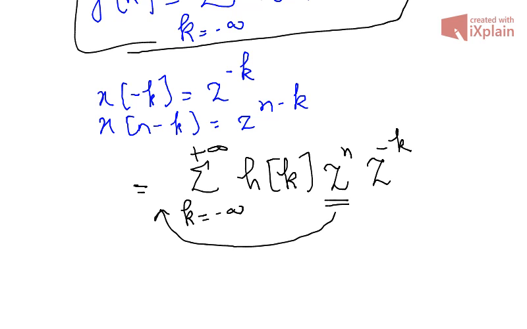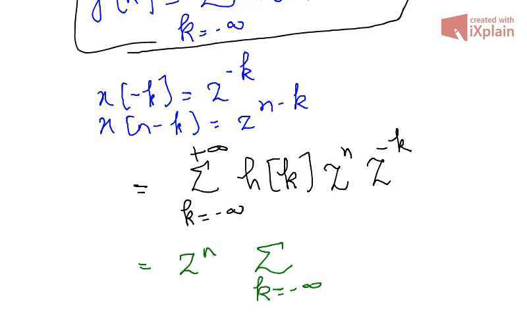So z to the n is just like a constant for this summation. So let me write z to the n outside, and then you have the summation from k minus infinity to plus infinity of h of k z to the minus k.